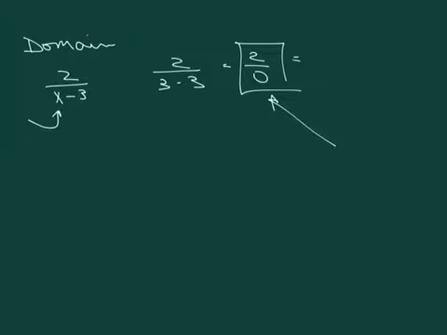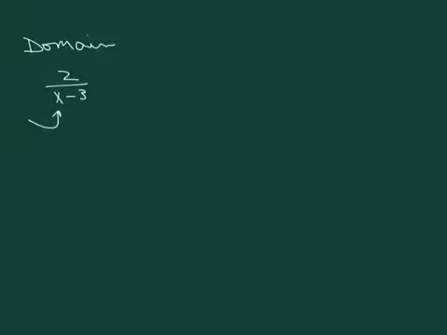It doesn't give you an answer of 0. There's a big difference between 0 and a number that does not exist. So the domain is any number that will keep the denominator from being 0. So the domain of this first one is the set of real numbers such that x is not 3.